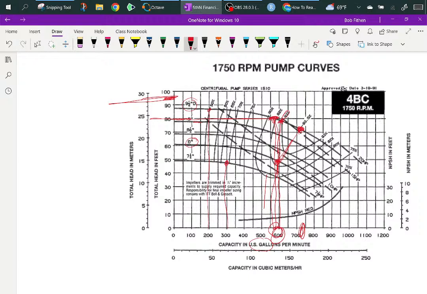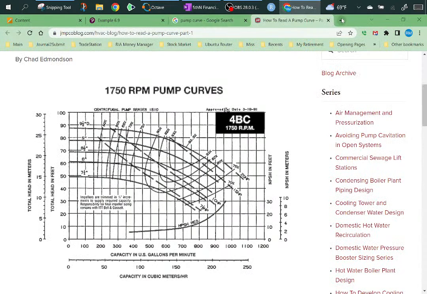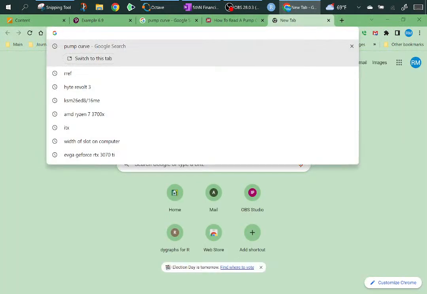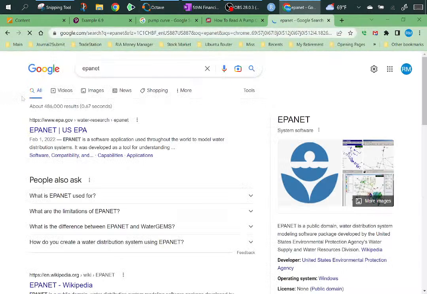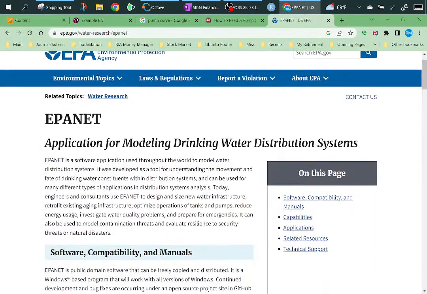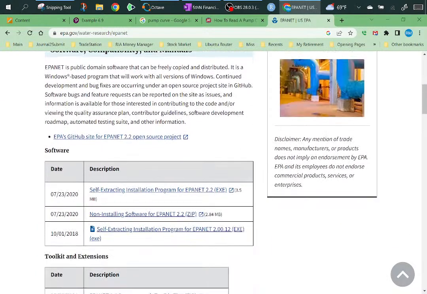Yeah, and we're going to figure out how to calculate that friction, and then we're going to figure out also how to pick a pump to fit in this range. And actually, I may add this as an online lecture. EPANET. This code right here is a piece of software, and all you've got to do is download it.